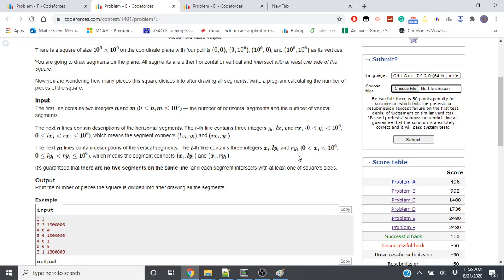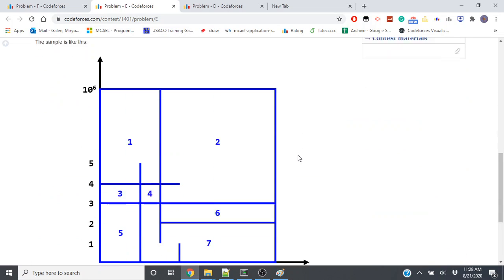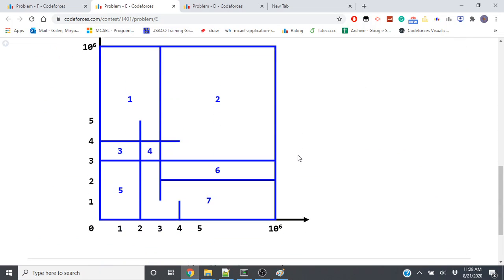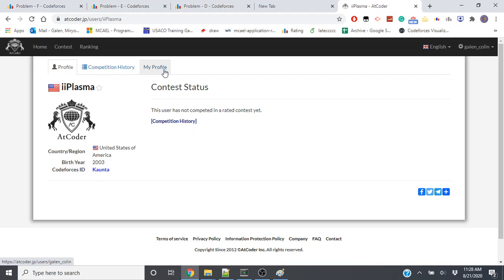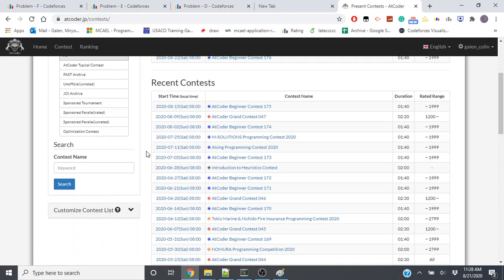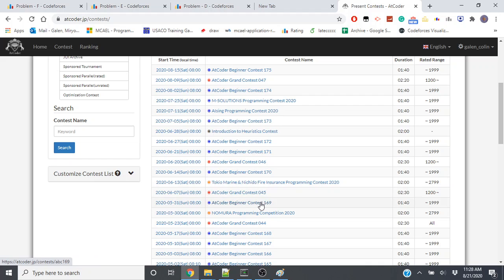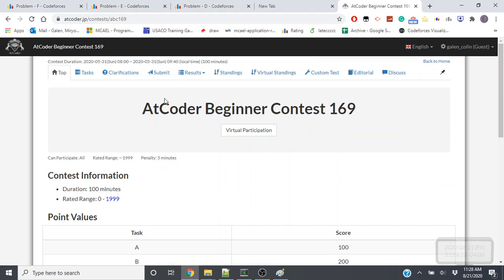So maybe we can do line sweep, or we're just supposed to do that. Pretty sure I've written this exact code before. Let me just see. There's some contest on AtCoder that I... What was this?